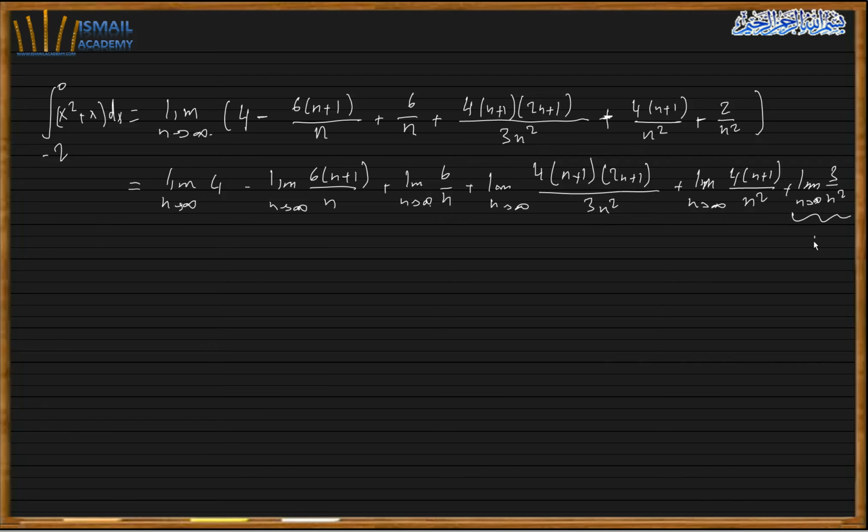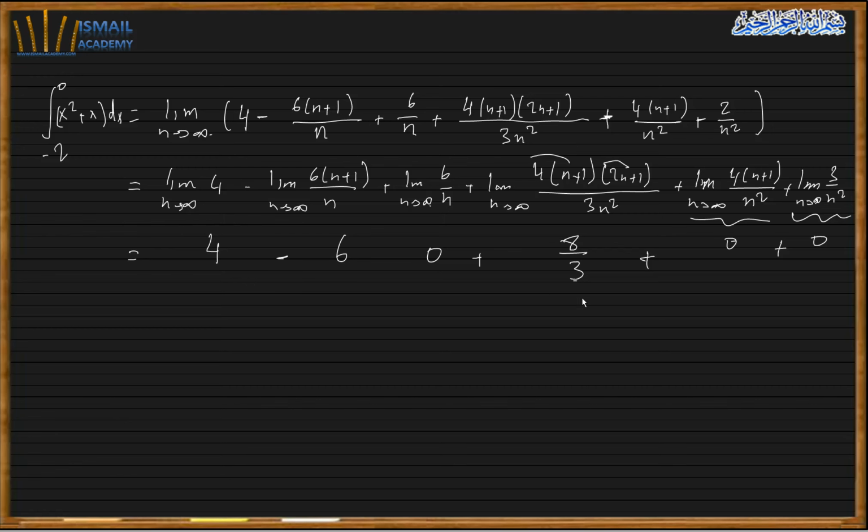So we know that this is 0 because the degree of this one is 1, this is degree 2, so obviously this is 0. So if I multiply this 4n and multiply with 2n, it's going to be 8n squared, so it's going to be 8 over 3 because the n squared will cancel out. And here is going to be 0, here is going to be minus 6, and it's going to be 4. Because there's no n here, it's going to be just 4.